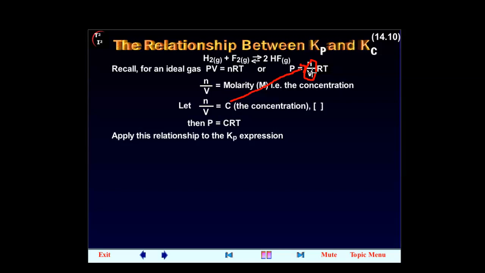So you just use the formula to find the molarity. And that's how this C comes about. So P equals CRT. It's just like P equals NRT over V. So that N over V stands for the concentration, which is moles over volume.